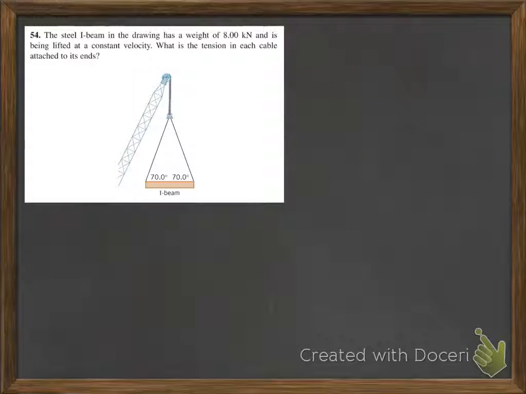Okay, so the last problem states the steel I-beam in the drawing has a weight of 8 kilonewtons, remember to change that to newtons, and is being lifted at a constant velocity. What is the tension in each of the cables attached to its end? So they want each of the cables, they don't want the net force. To draw the free body diagram, we have the two tensions and the 70-degree angles.